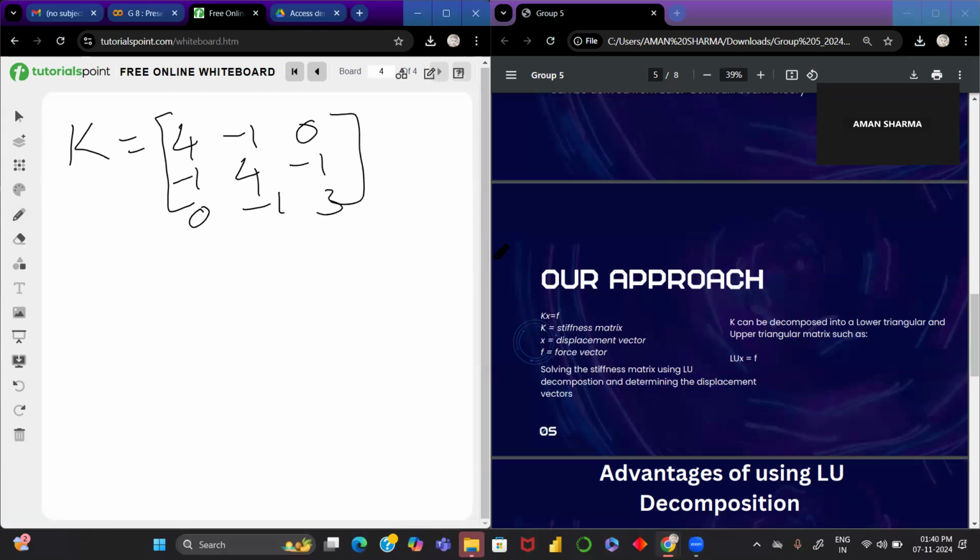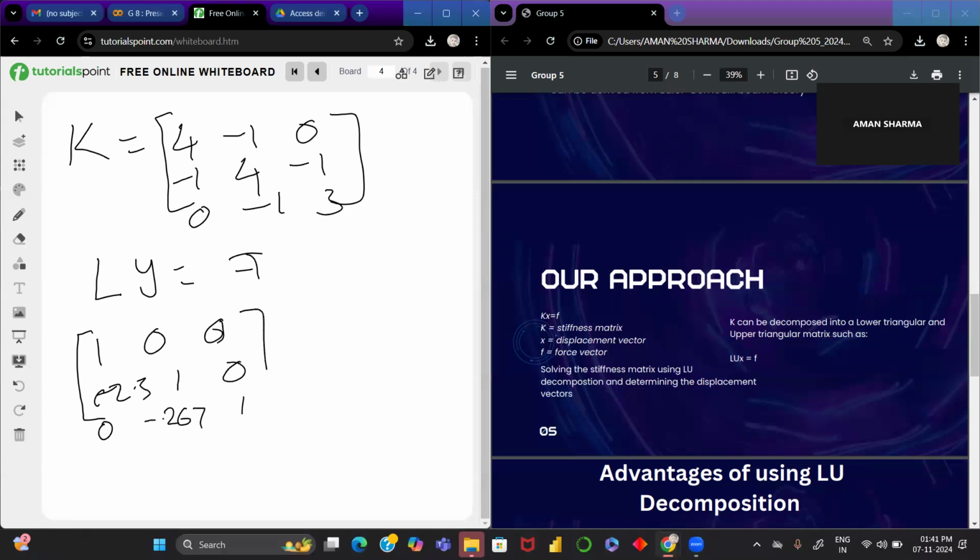Applying the method, Ly equals F, which implies L is given as 1, 0, 0; minus 0.25, 1, 0; 0, minus 0.267, 1, multiplied by y. Here y means y1, y2, y3, and we assume F is a force vector of 10, 20, and 15.